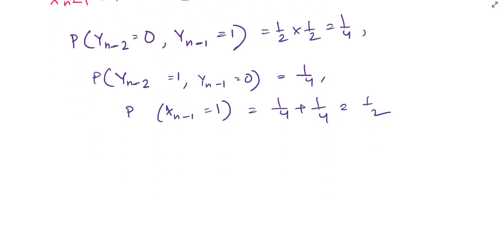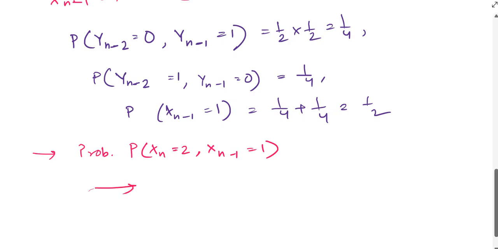So probability of xn equals 2 and xn minus 1 equals 1. For xn equals 2, the last two tosses, yn minus 1 and yn, must both be 1.